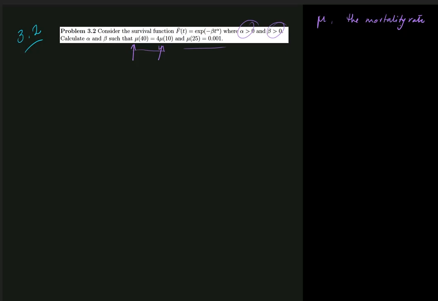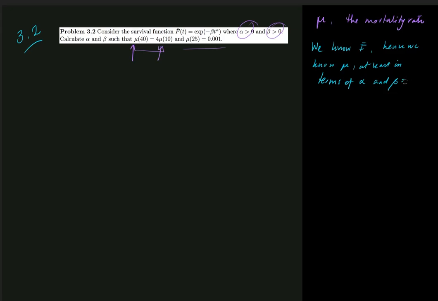So we know F bar, hence we know mu, at least in terms of alpha and beta.